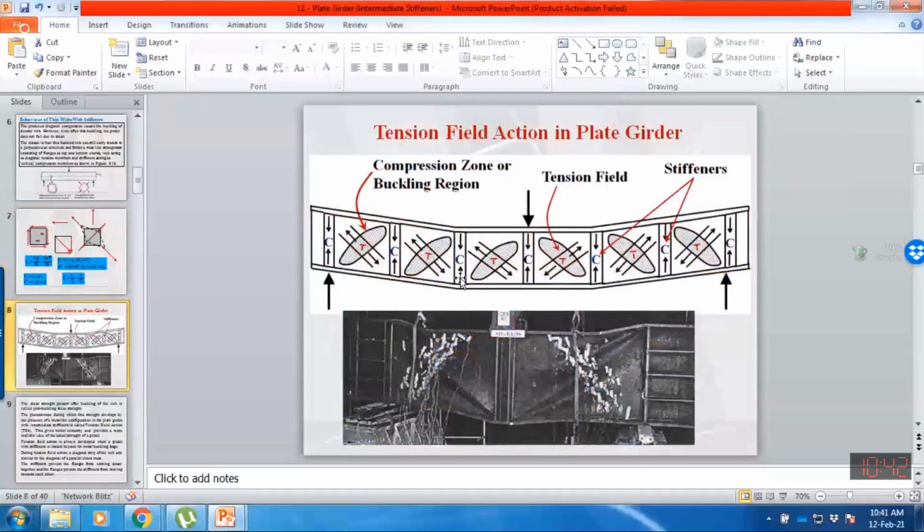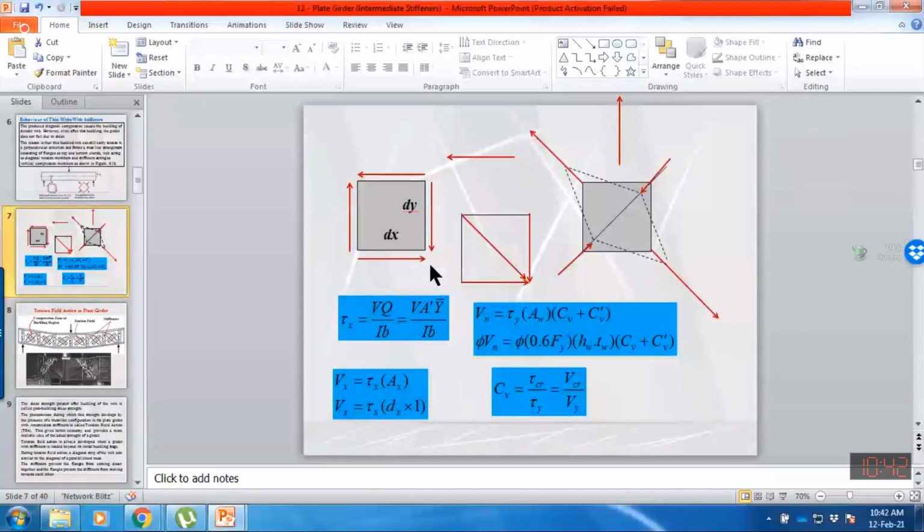Let's suppose I am resolving this tensile force into two components. One component is, for example, Tx, and the other will be Ty.